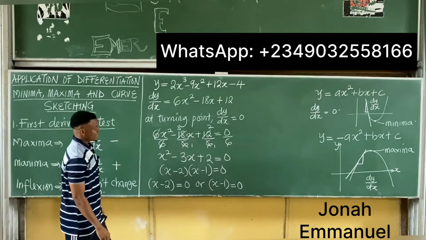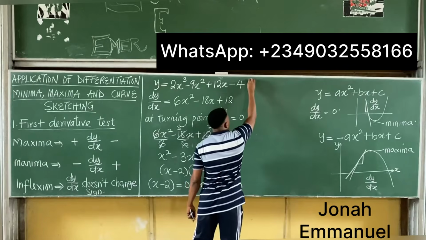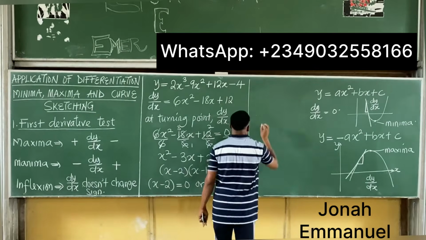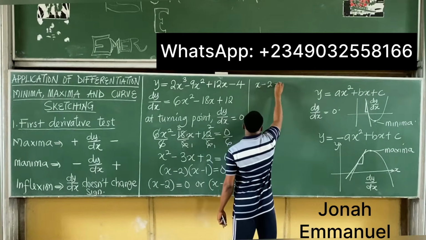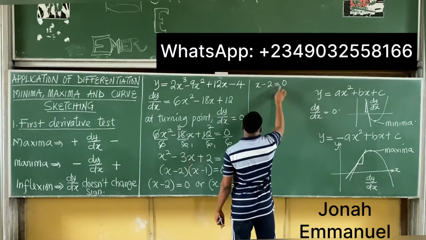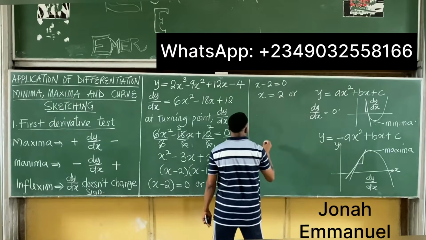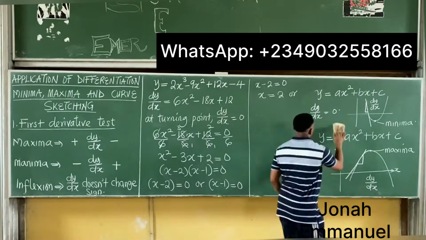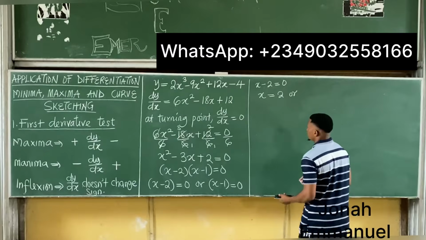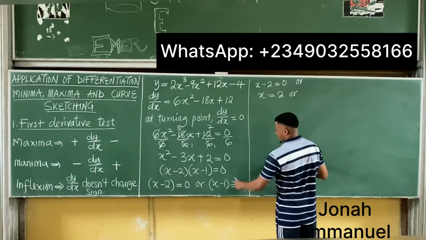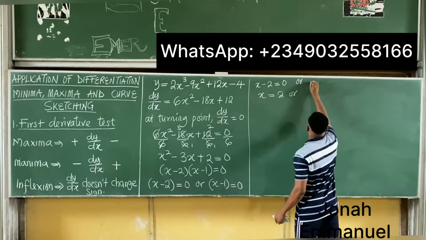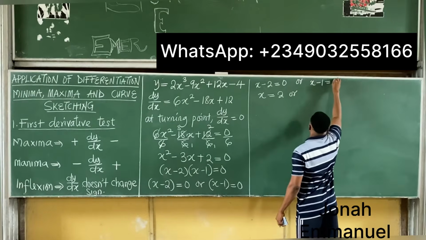Let's find the value of x from here. From x minus 2 equal to 0, moving this over, I have that x is equal to 2, or we can still have this one here, that x minus 1 is equal to 0.